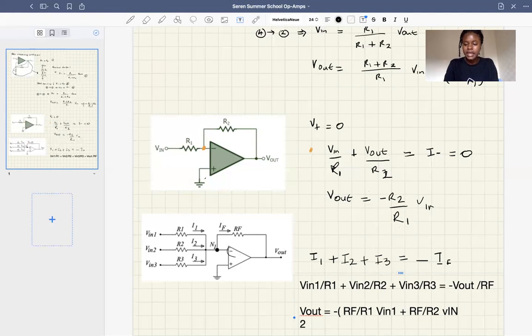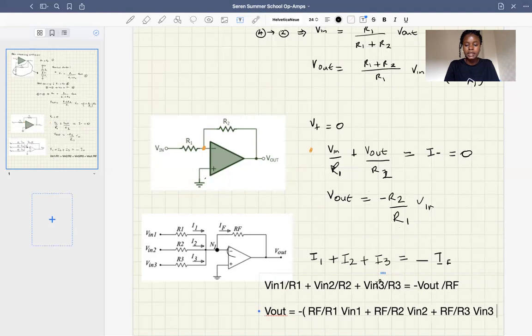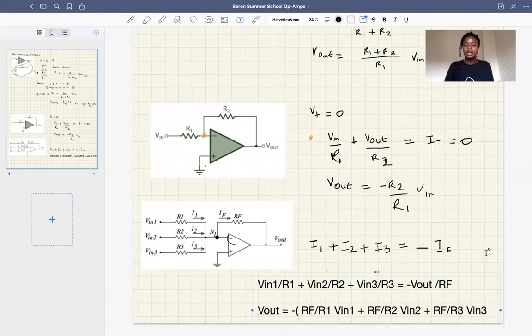It continues like that. Might just do the last one for completion: RF over R3 times V in 3. And that's what we get from the expression above.